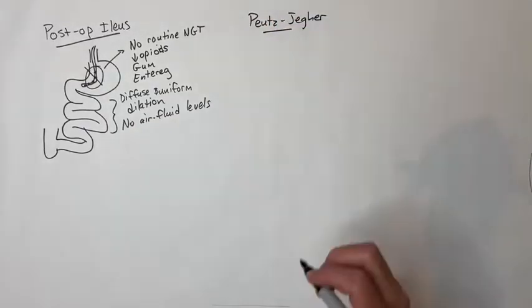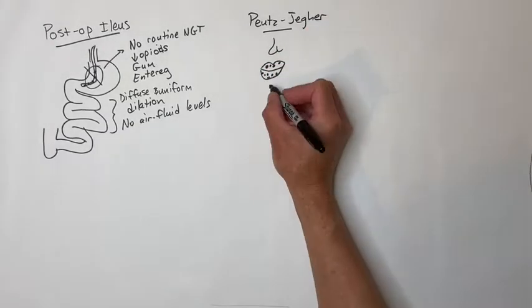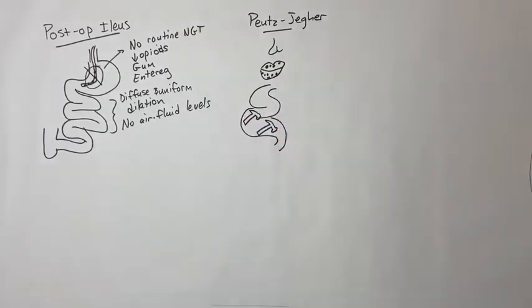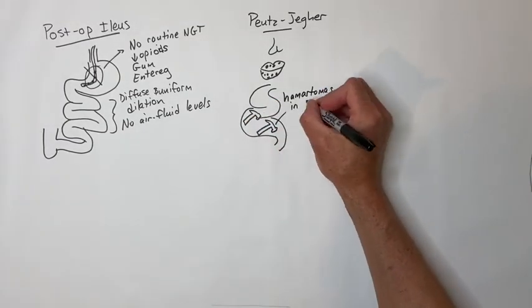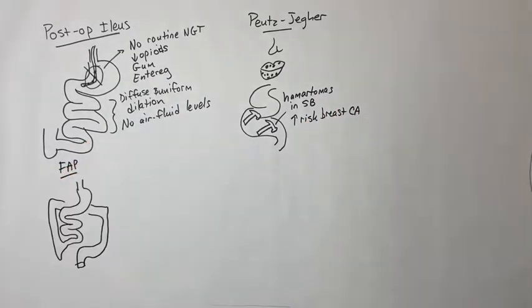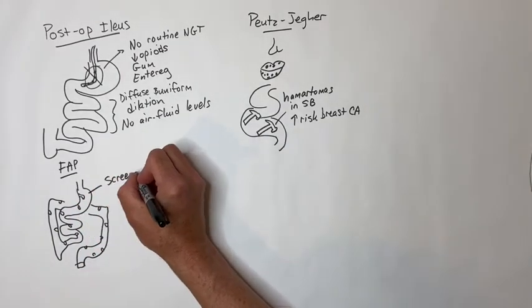Certain syndromes that involve the small bowel can show up on the tests. Peutz-Jeghers has perioral discoloration and multiple hamartomas of the distal small bowel and can increase the risk of breast cancer. FAP has multiple colon polyps and also gastric and duodenal polyps that need screening for progression to cancer.